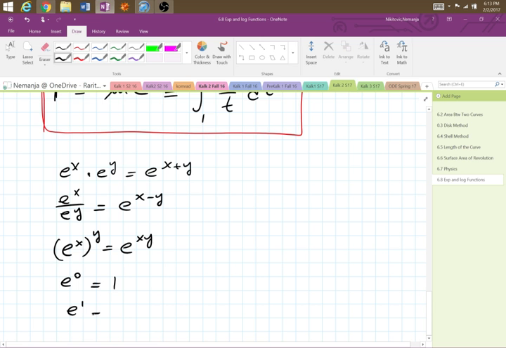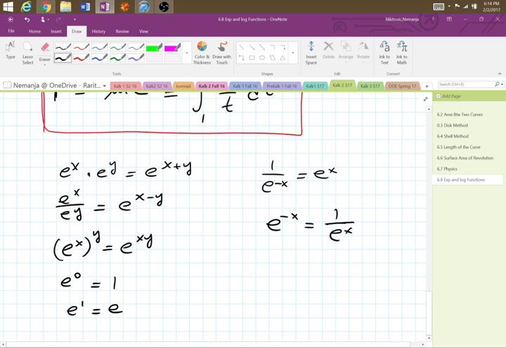And e to the 1 is perfect. So all of these properties of exponents. Now how much is 1 over e to the minus x? Yes. And how much is e to the x? Yep. So all of those properties hold.